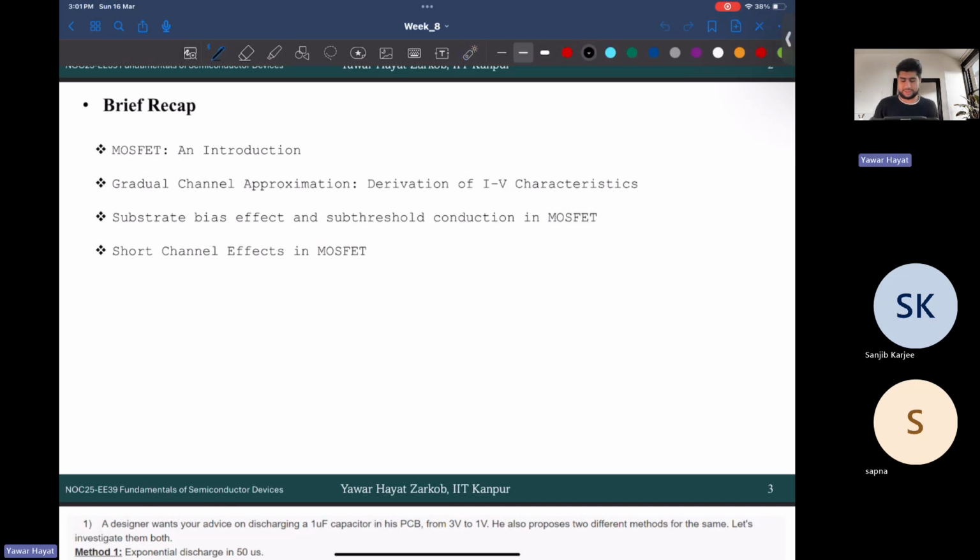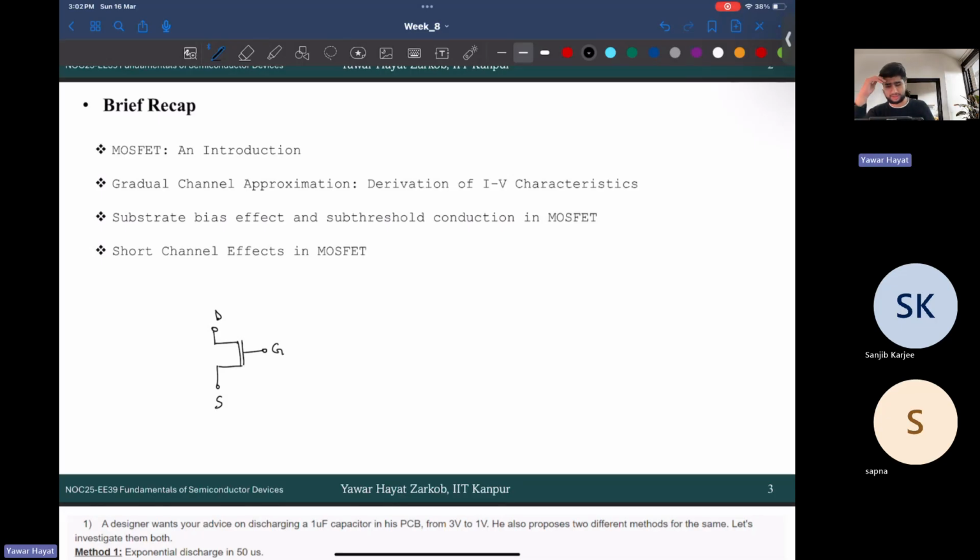So let me start this session with the following. Before moving on to the problems, I wanted to discuss the following thing. This is your gate, this is your drain, and this is your source, right?